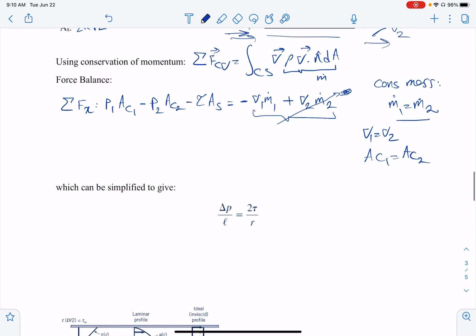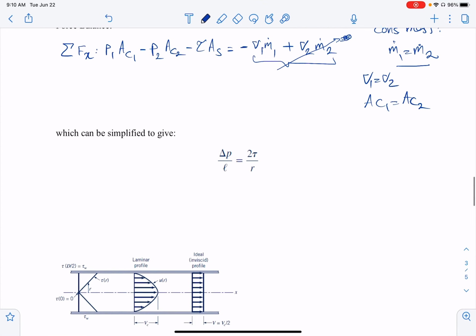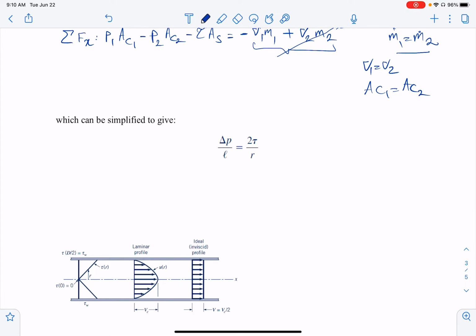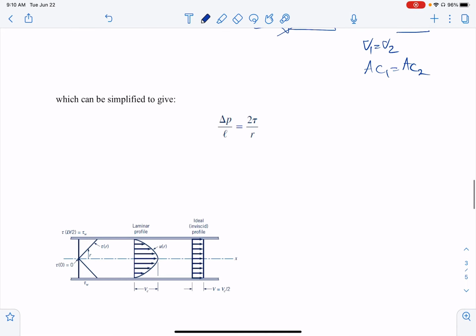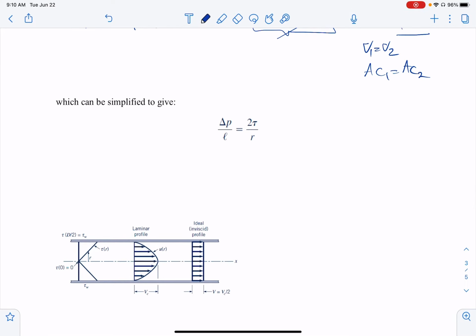So, and then if we go further here, we have del P over L, and we have 2 times the shear stress over R. If we look at the left hand side, del P and L, they are not function of the radial coordinate, right?